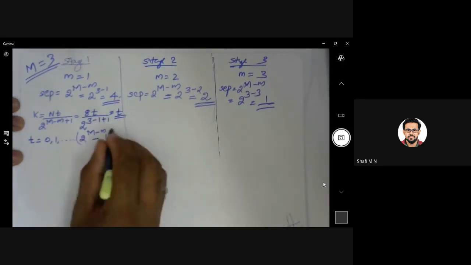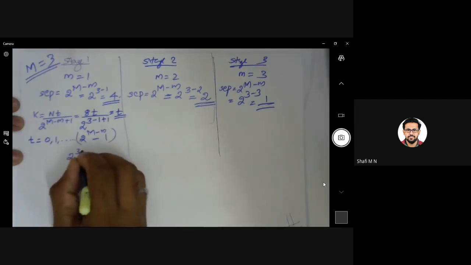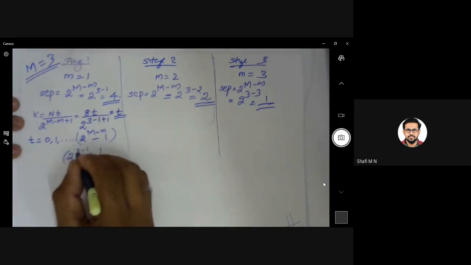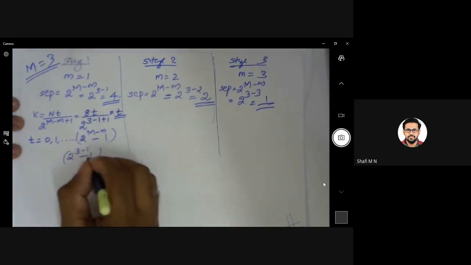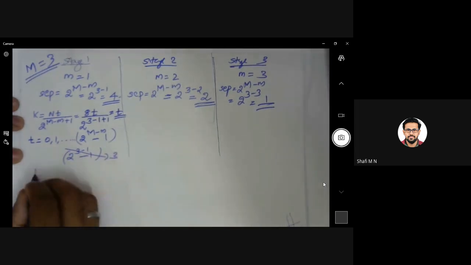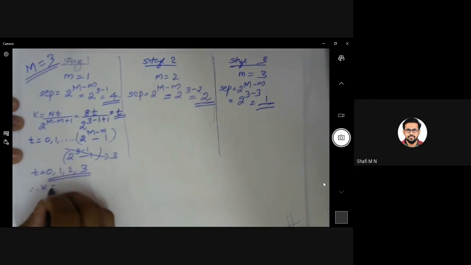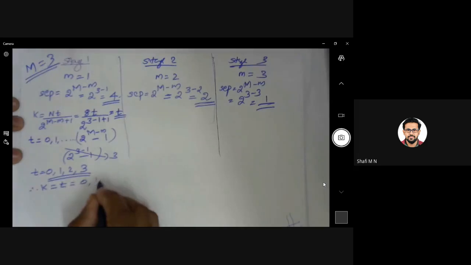So let's find this value. Let me do it for the first stage. 2 raised to 3 minus 1, minus 1, right? So 2 raised to 2, which is 4. 4 minus 1 equals 3. So this value will become 3. So what is the value of t? 0, 1, 2, 3. 3 is the last value. Therefore, k is equal to t, which is the same as 0, 1, 2, 3.